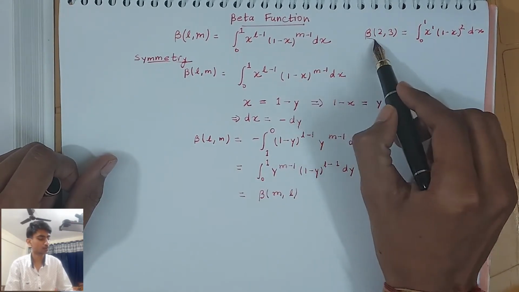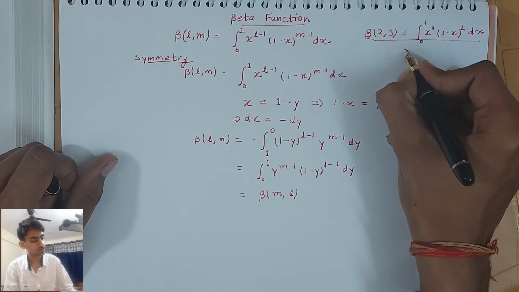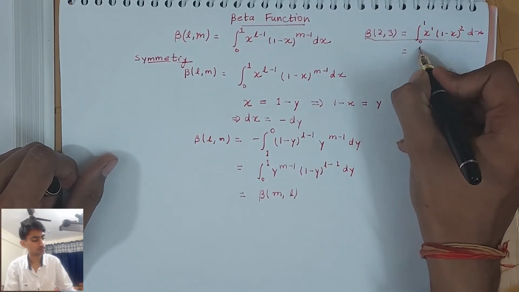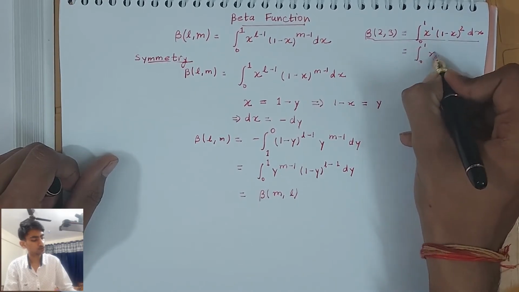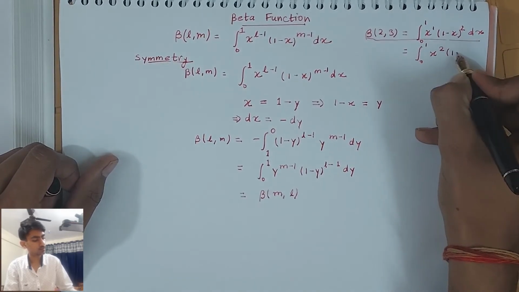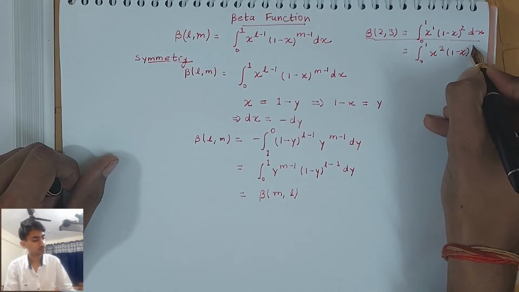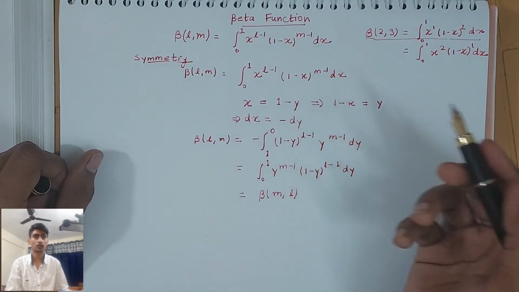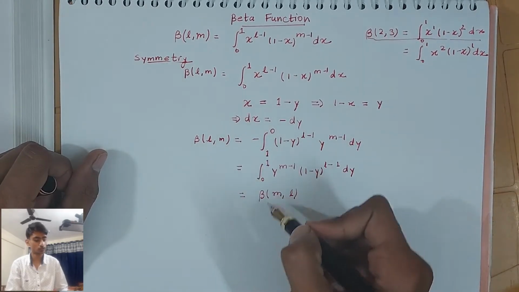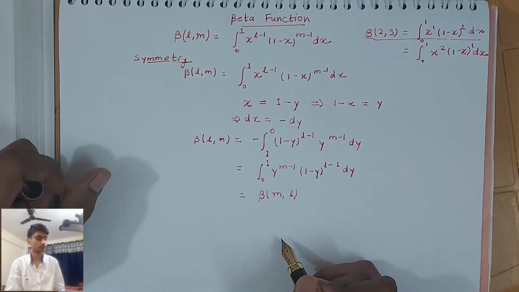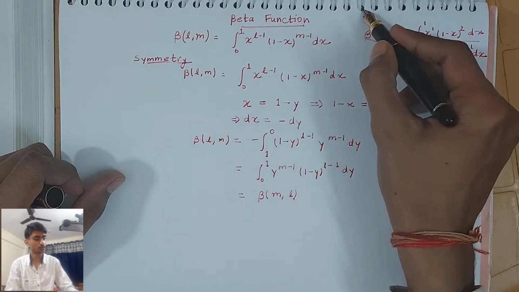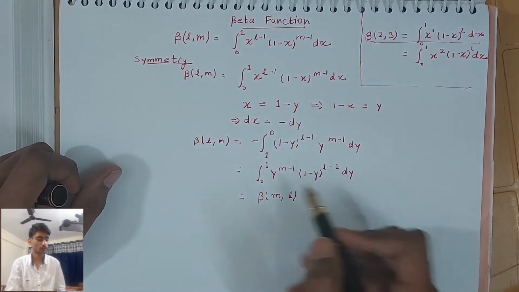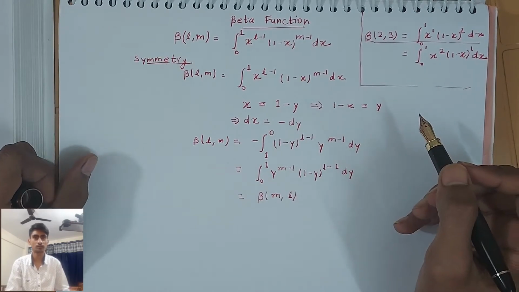That is how it is defined. But even if you interchange the powers or these terms, x to the power 2 and 1 minus x to the power 1 dx, the result doesn't change since the values of these two are the same. Okay, so this is what symmetry means, that if you interchange the arguments, the value of beta function doesn't change.